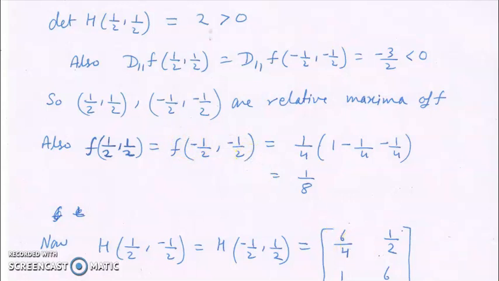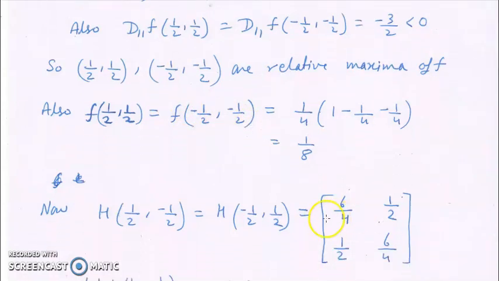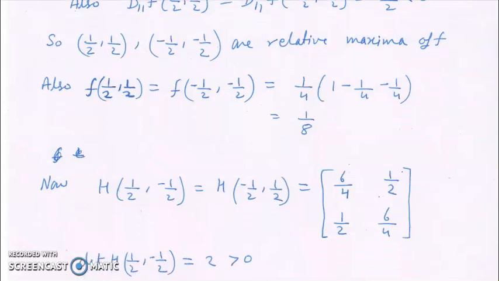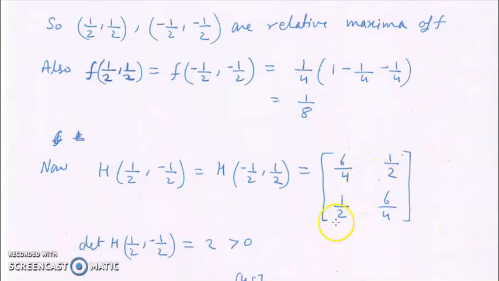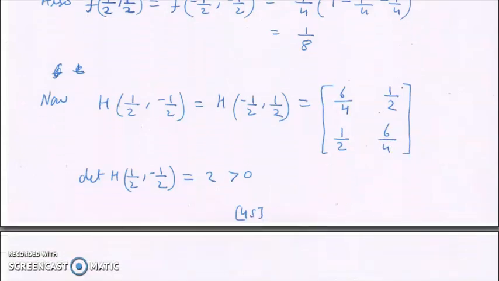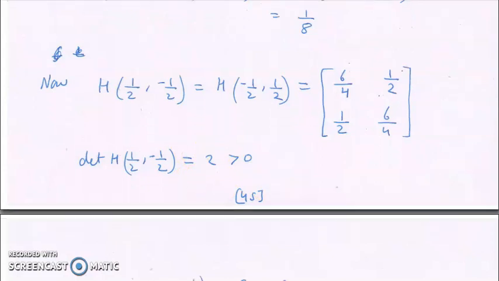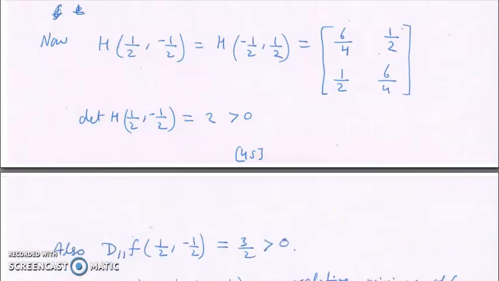Now again we have two more points, (1/2, -1/2) and (-1/2, 1/2), and at both the points one can easily check that the Hessian matrix has the same value, which is 3/2, 1/2, 1/2 and 3/2. So the determinant of this matrix is 2, which is greater than 0, and the first entry d11 f at (1/2, -1/2) is 3/2, which is greater than 0.